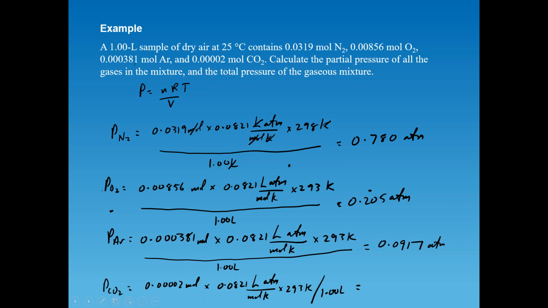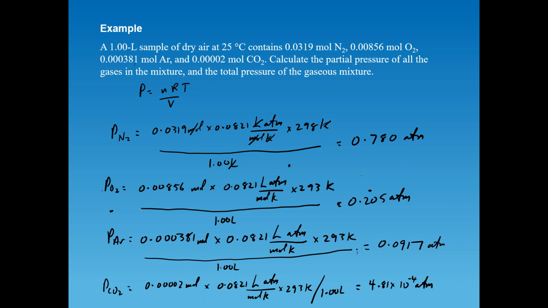So let me do that calculation. 0.00002 times 0.0821 times 293 divided by 1. So according to my calculation, this works out to be equal to 4.81 times 10 to the minus 4 atmospheres. Let me do that again just to be sure. Okay, so that's it.